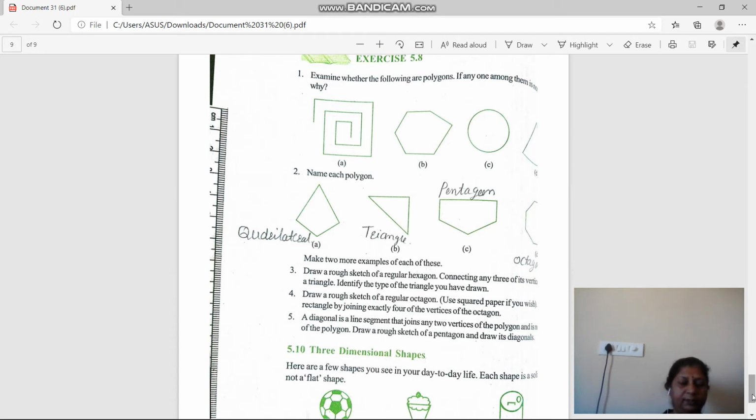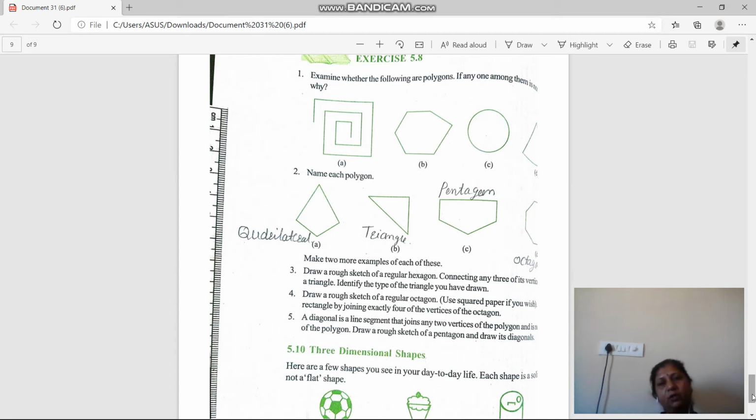When two faces meet at a line segment, it is called an edge. What is an edge? Two faces meeting at a line segment is called an edge. Three edges meeting at a point is called a vertex. So I have told you three definitions. We will repeat again.